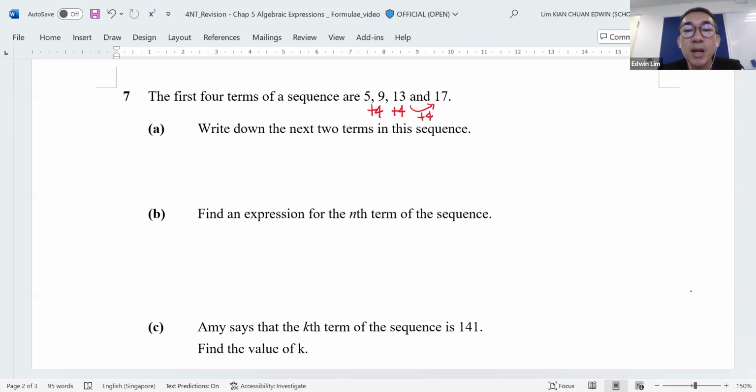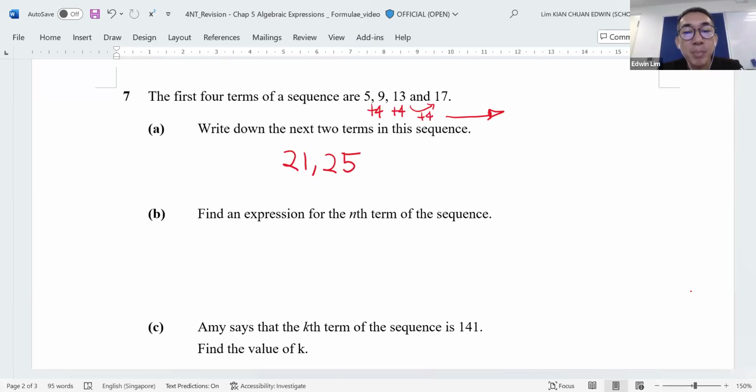Every time I move in this direction, I will plus 4. So what's the next 2 terms? 17 plus 4, I get 21. 21 plus 4, I get 25.